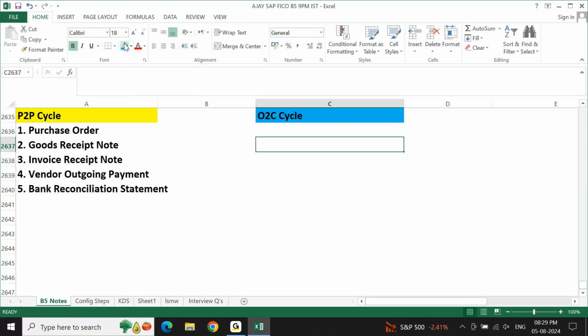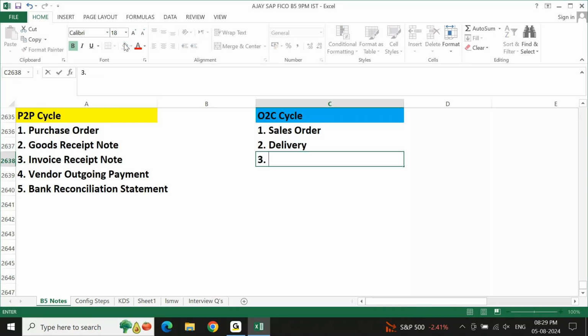From the O2C cycle, the first point you need to understand is sales order. Based on the sales order, there is delivery. Based on the delivery, there is post goods issue.